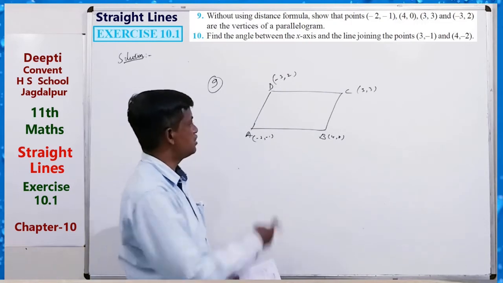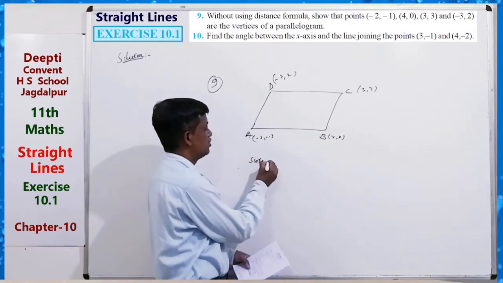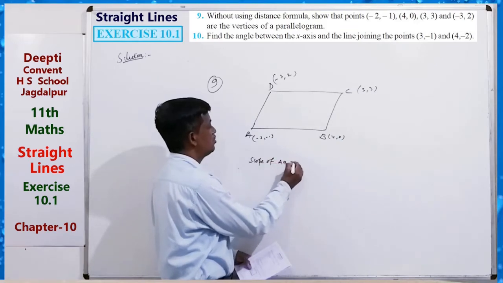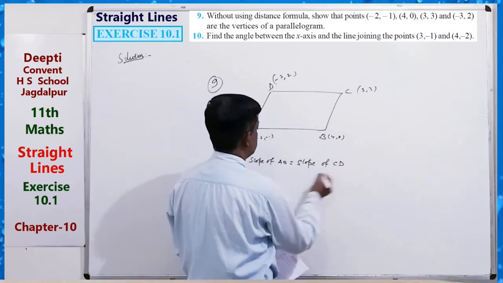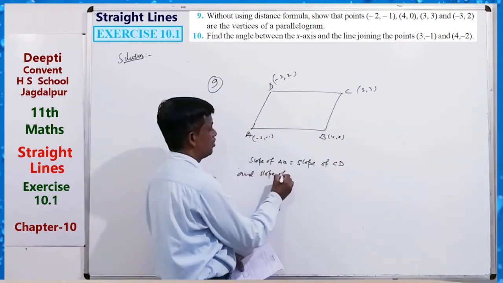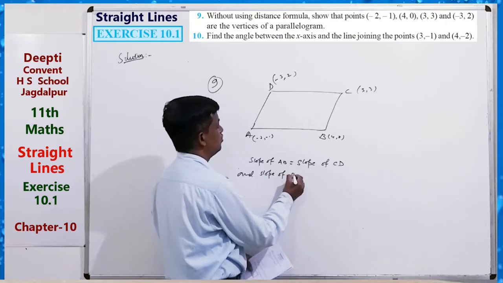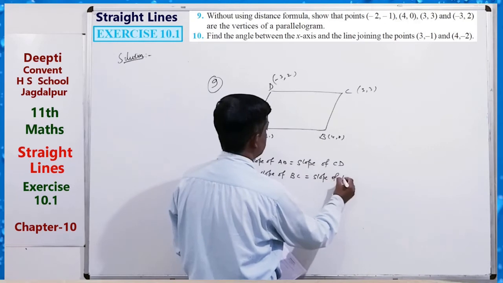For showing this is a parallelogram, we have to show the slope of AB equals the slope of CD and the slope of BC equals the slope of AD.